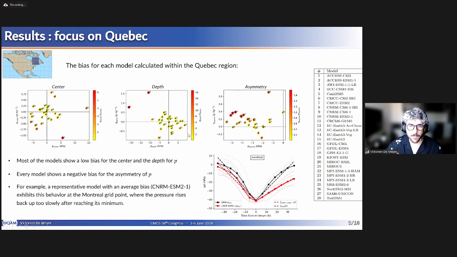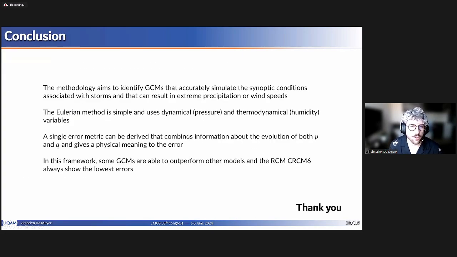So to conclude, the methodology that we use aims to identify the GCMs that can accurately simulate the synoptic conditions that are associated with the storms, and that can likely result in extreme precipitation or strong winds in the mid-latitudes. The Eulerian method we use is pretty simple and uses both dynamical and thermodynamical variables.